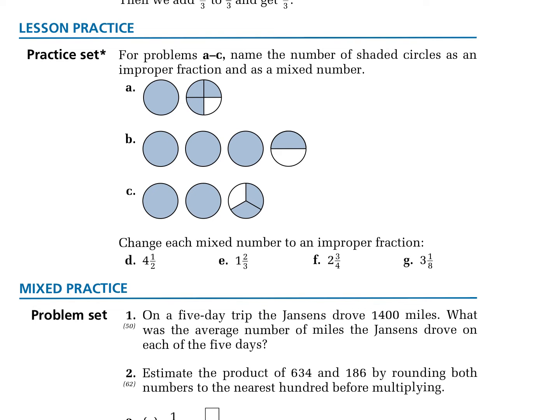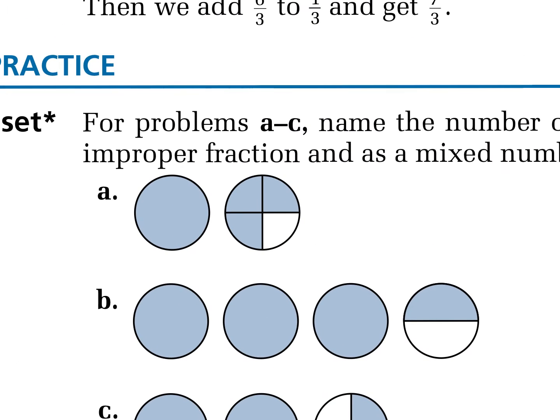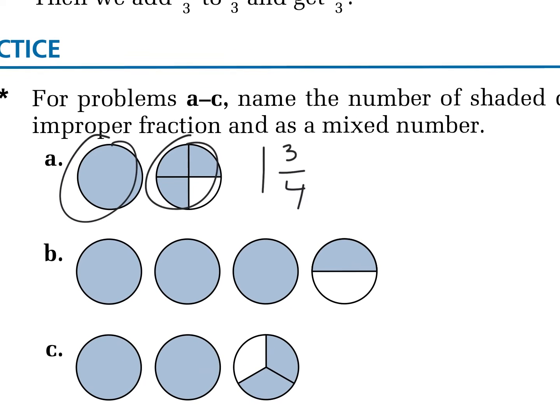Alright, so for problems A through C, name the number of shaded circles as an improper fraction and a mixed number. For A, I have 1 and then 3/4. If I divide this into fourths, I know my denominator is going to be 4, and I have 1, 2, 3, 4, 5, 6, 7.